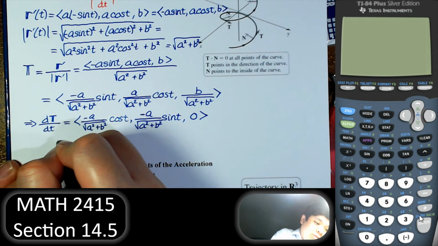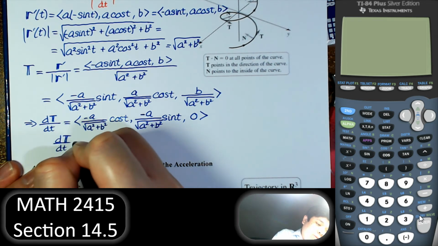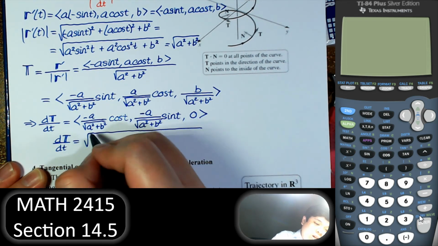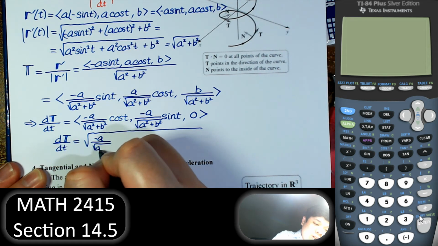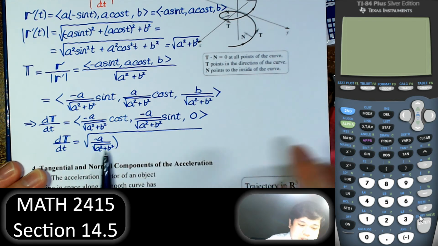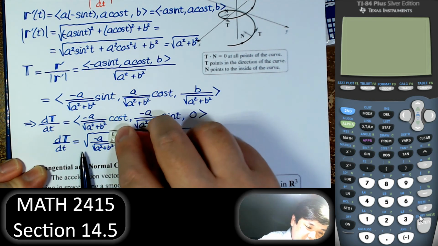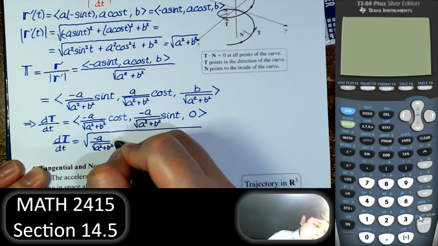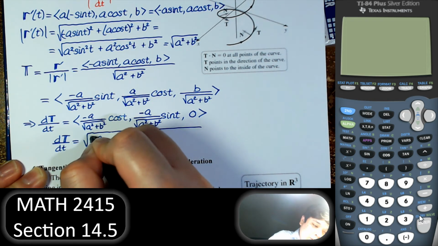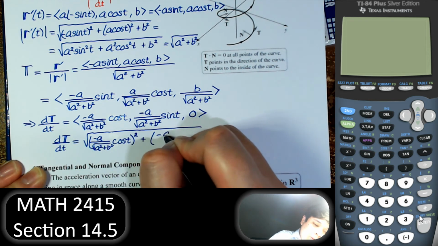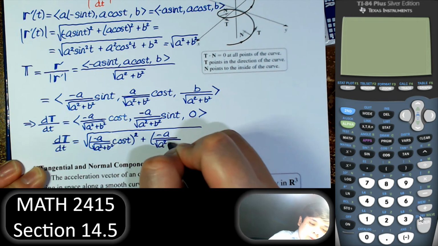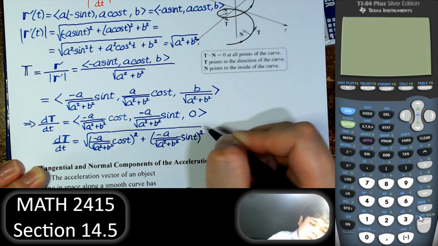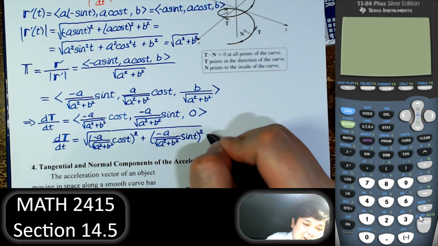So the magnitude: square root of, that's 1 squared, that's 1 squared, and then 0 squared.